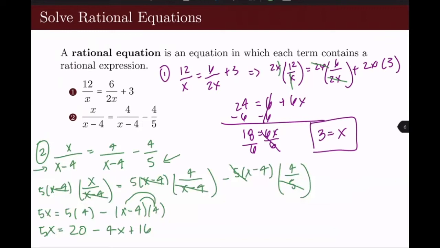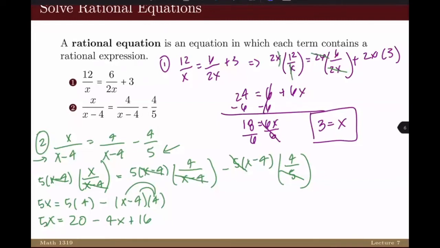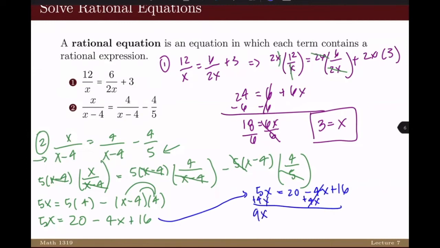The reason it's plus is because of this negative right here. So we would have had minus a minus 4. I'm going to squeeze this problem in right over here. So we're at 5x equals 20 minus 4x plus 16. So we can add the 4x to each side to get 9x equals, and then 20 plus 16 is 36, and then divide by 9. So you get x equals 4.